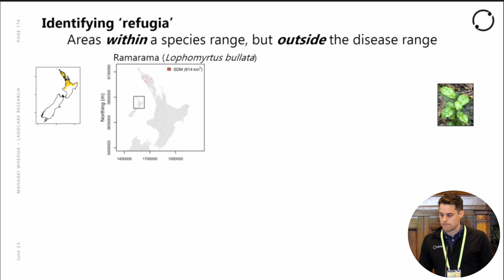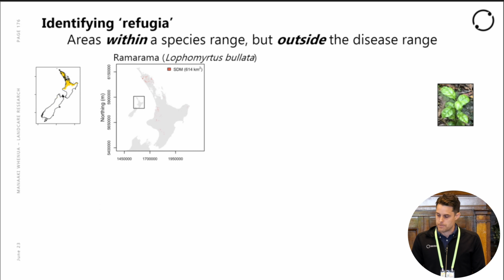So here's a distribution for Rōhutu, the species we've been talking about quite a lot. Lophomyrtus bullata, probably the most severely affected species that we have here in New Zealand. Sorry if it's a bit difficult to see, but there should hopefully be some red areas, some red sort of blotchy spots, which is kind of typical for what we know about Rōhutu. Actually, it tends to be quite common and abundant when you do find it, but it's patchy. It's sort of here and there.